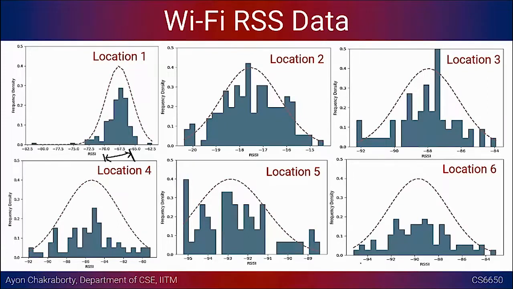Whereas location number 6 is pretty wide, and not only 6, but also 5 or 4 or 3. For that matter, 2 is a little bit constricted, around -20 to -15, whereas in this case it is -94 to -84. So it's a fairly wide distribution.